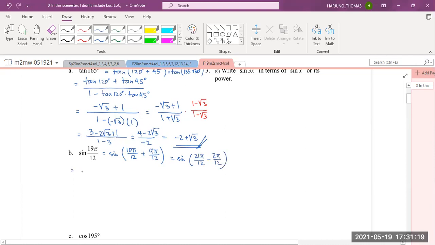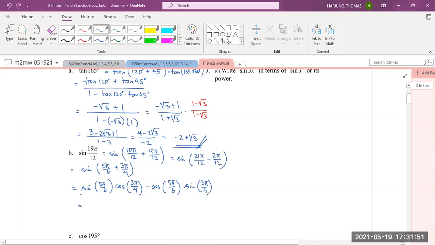This is sine 5 pi over 6 plus 3 pi over 4, which is sine 5 pi over 6 cosine 3 pi over 4 minus cosine 5 pi over 6 sine 3 pi over 4.